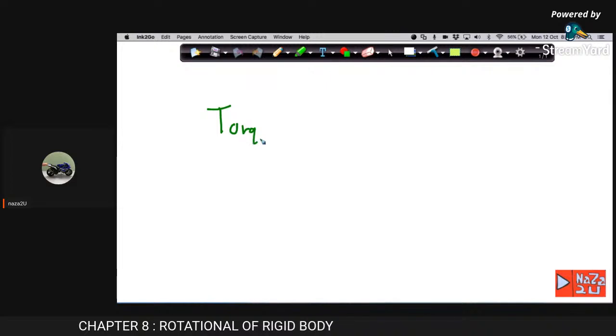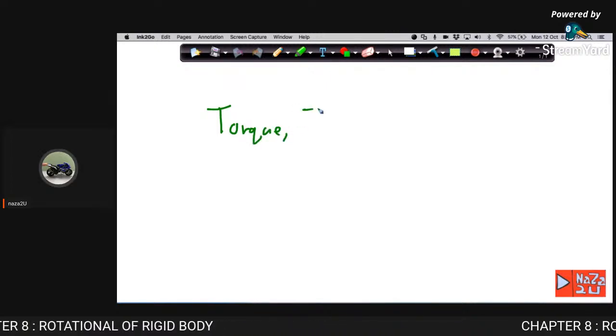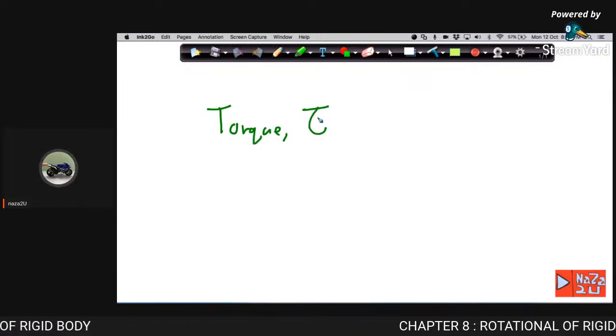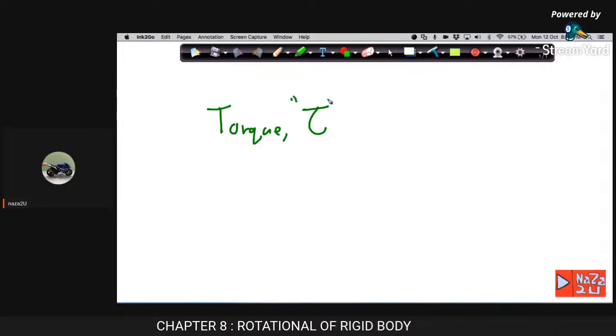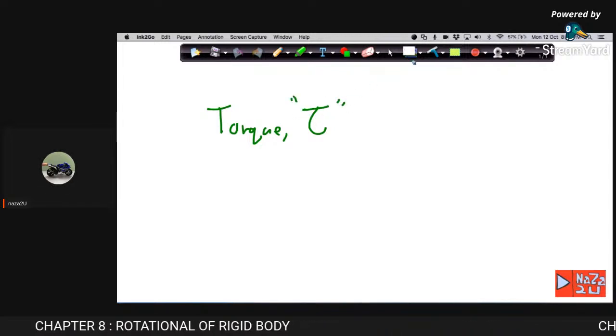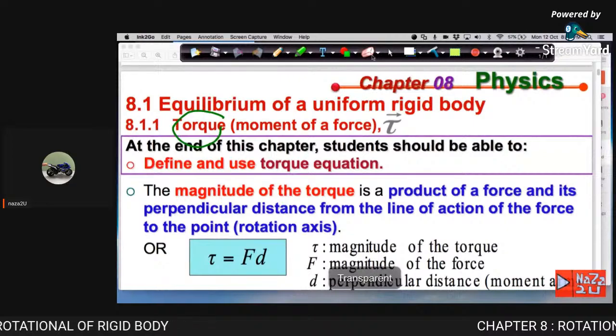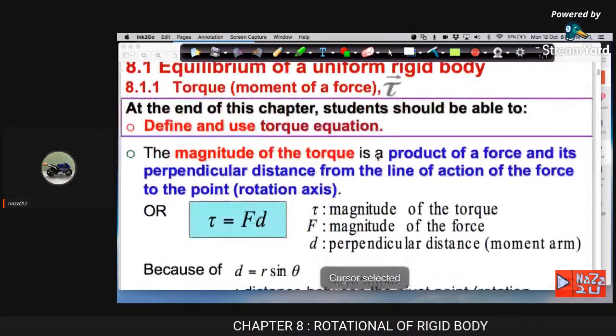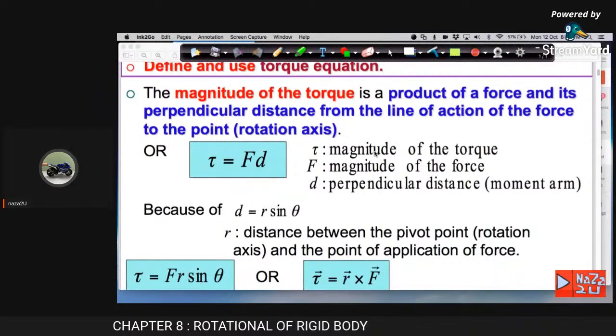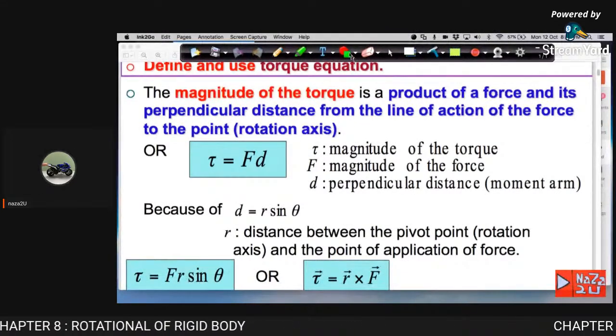The symbol of the torque is not a T. This is the symbol for the torque. Alright. And what is the equation to calculate, or what is the definition of torque?